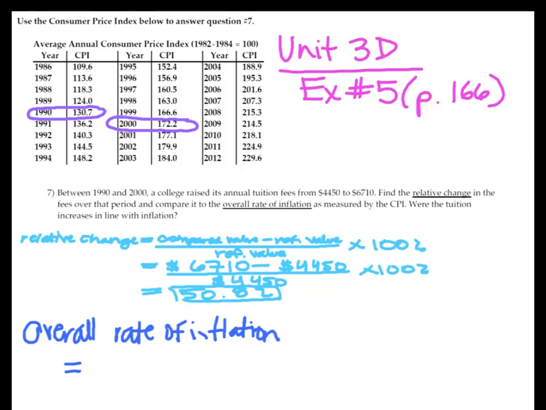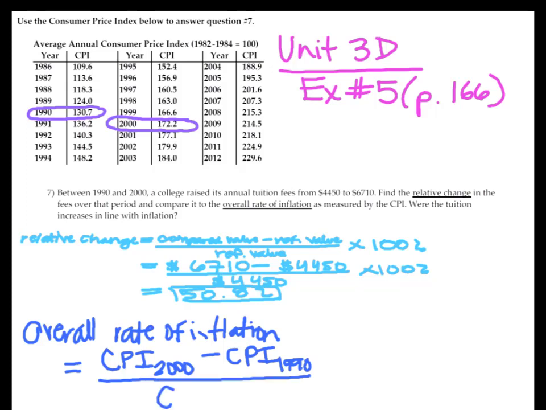So it's the consumer price index of year 2000 subtracted by the consumer price index of 1990 over the consumer price index of 1990, multiplied by 100%.